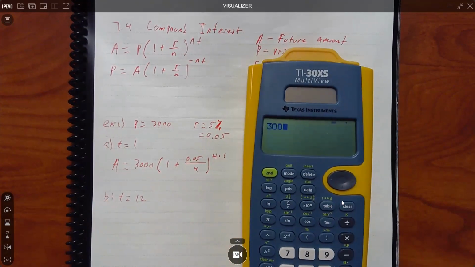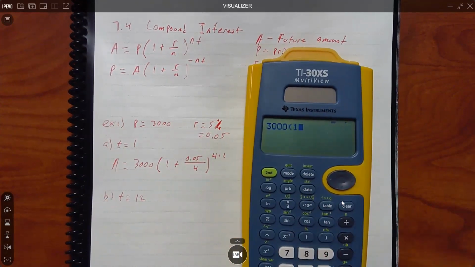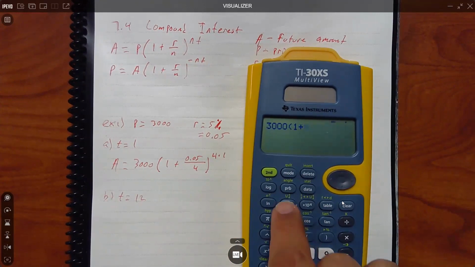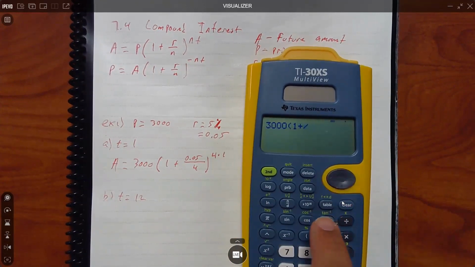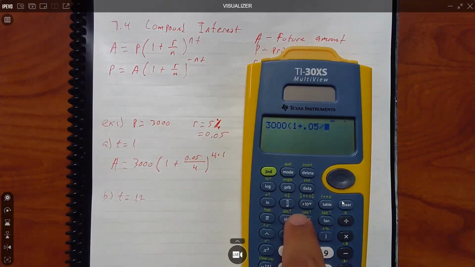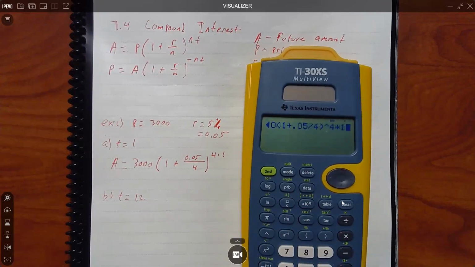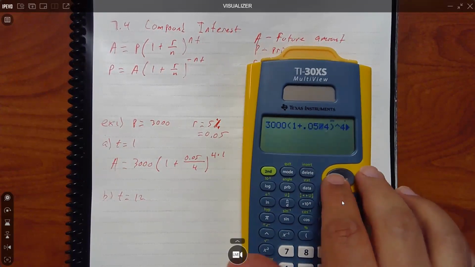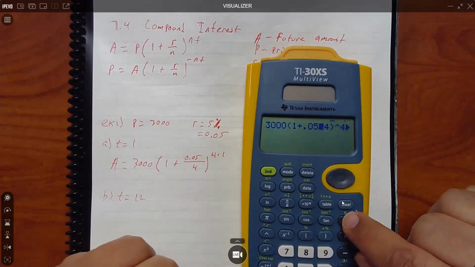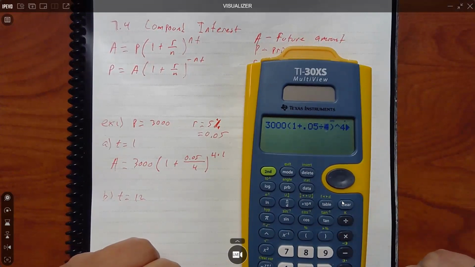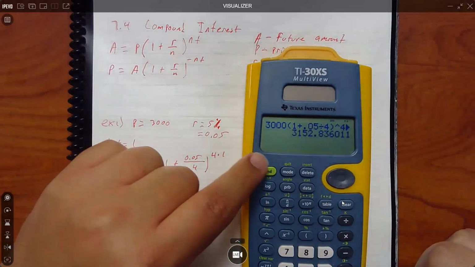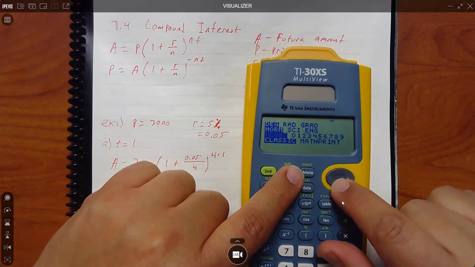So 3,000, 1 plus fraction button would be 0.05 to the 4 times 1. Maybe go back to math print.